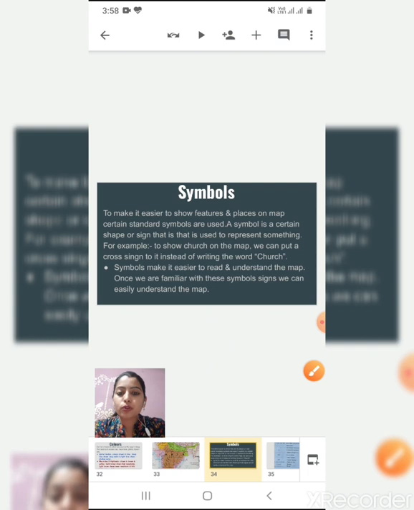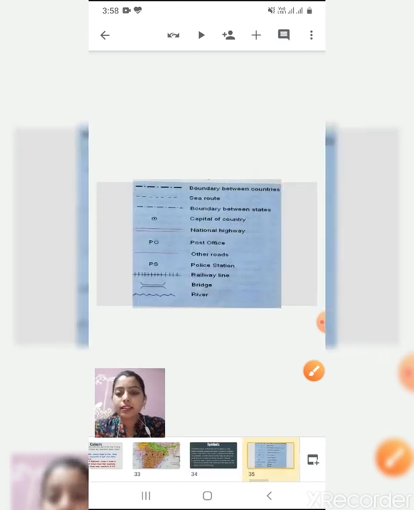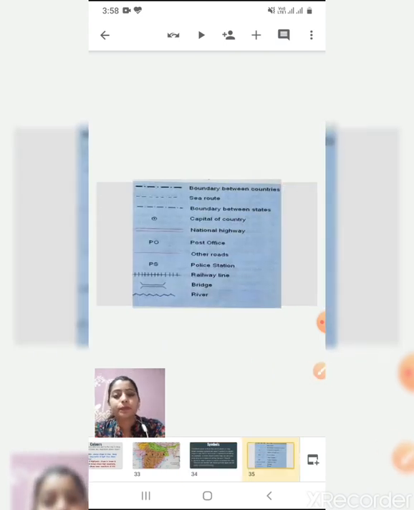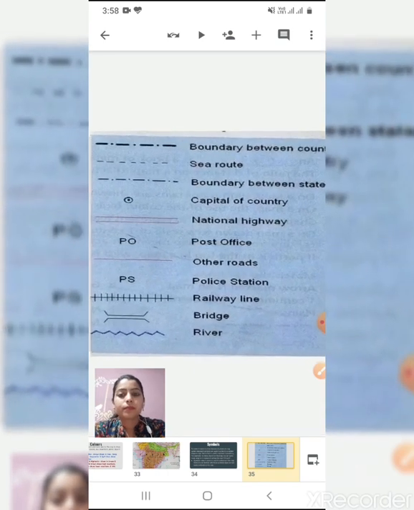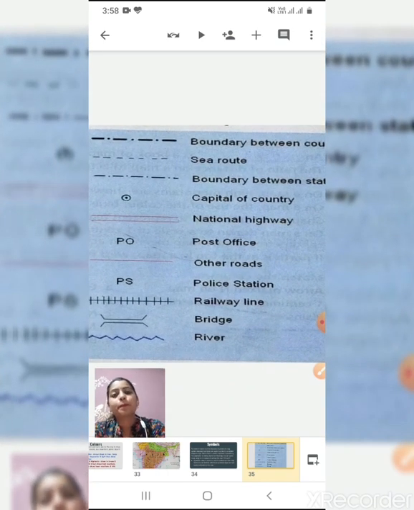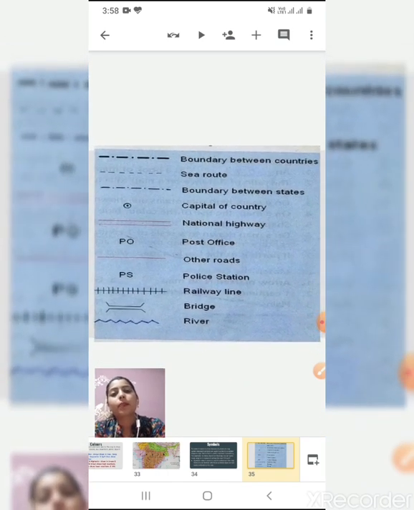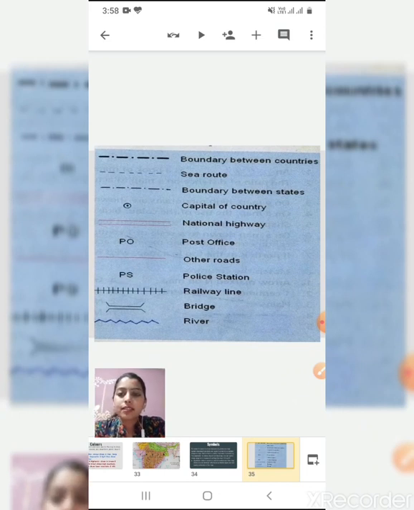Now I am going to show you some standard symbols. See, this line of dots and dashes, a broken line, is used to show the boundaries between countries.